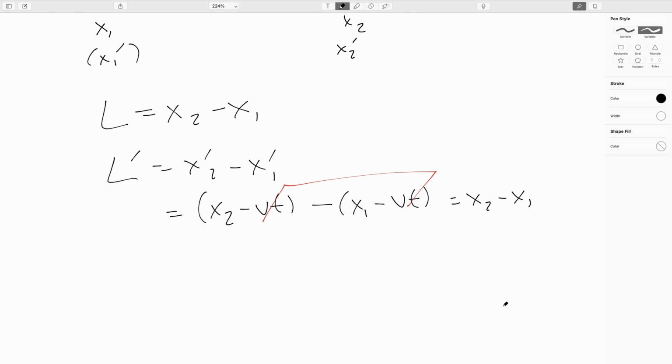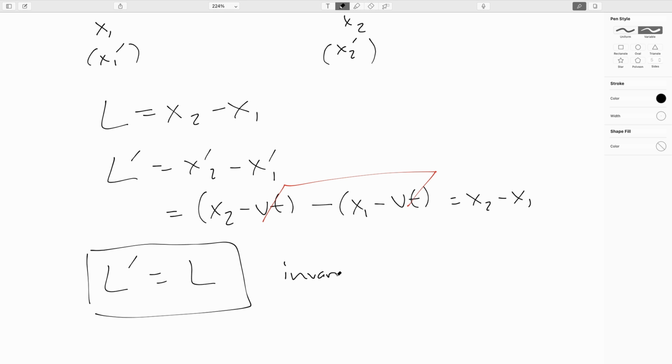So the length as measured by S prime is the same as the length measured by S. So the length of an object is an invariant under the Galilean transformation. And by the way, it will turn out that under the Lorentz transformation, which is going to be the correct transformation to use, they will disagree about this length. But for now, that's what we've got.